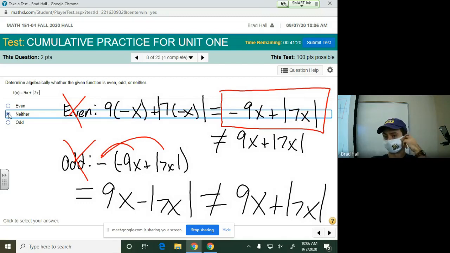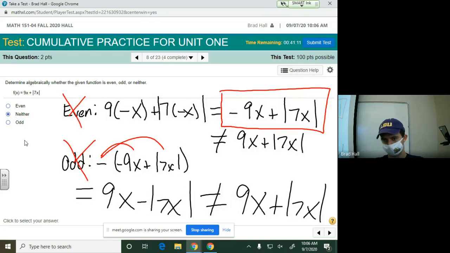That's the algebraic approach. You can try the pattern approach as well, but pretty much do it at your own risk. Does anyone have any questions about this before I move on?